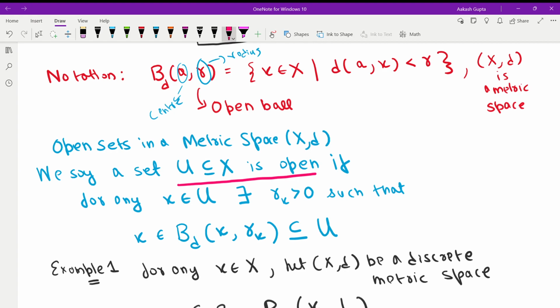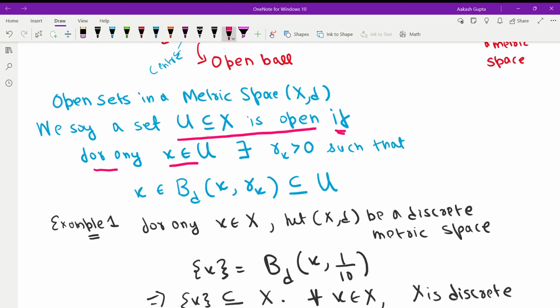I haven't said here that it should be non-empty. The definition says if you have an x inside, then these conditions should hold. But here you don't have any x inside, so we say it is vacuously true.